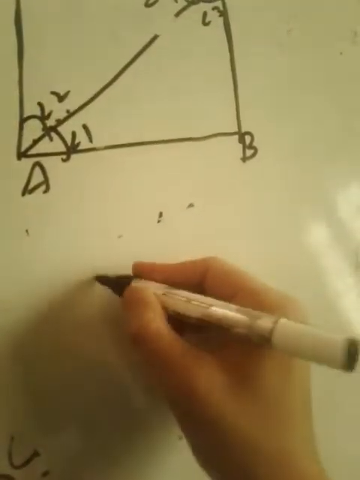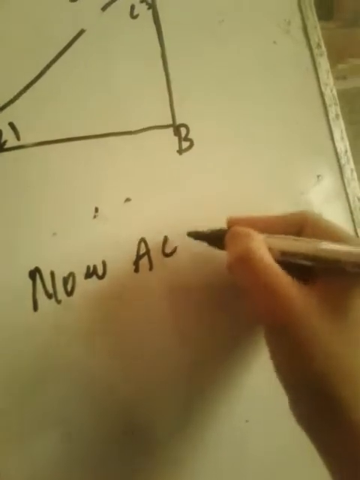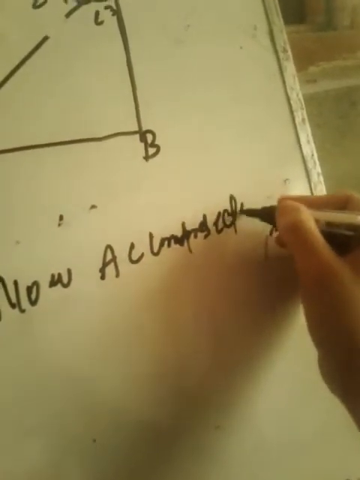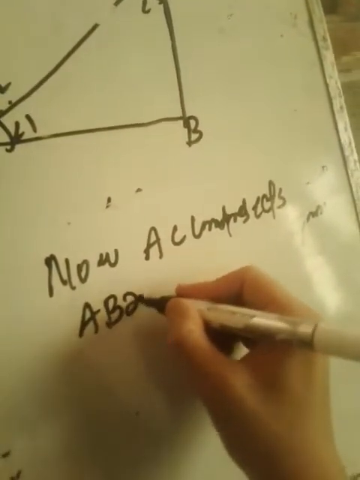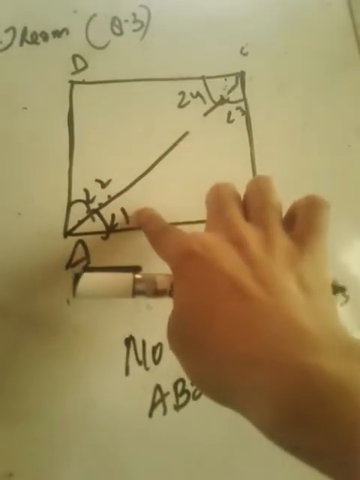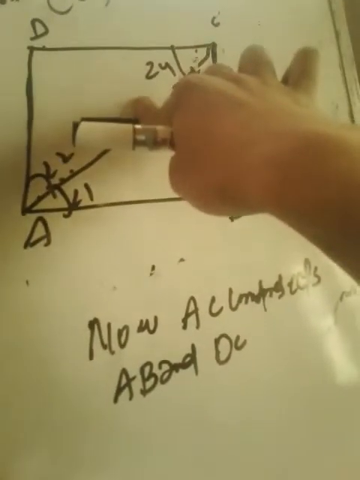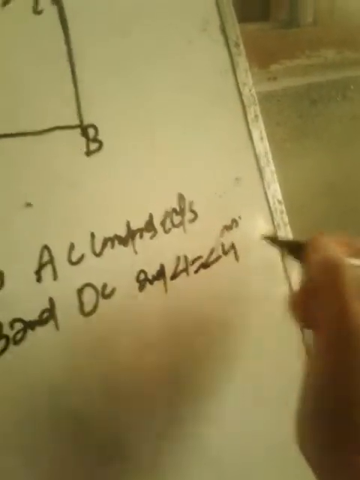So we will write now: AC intersects AB and DC. AC is transversal to AB and DC, and it cuts in such a way that angle 1 is equal to angle 4.